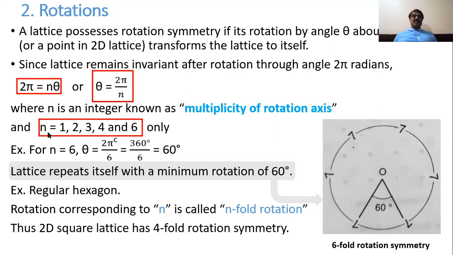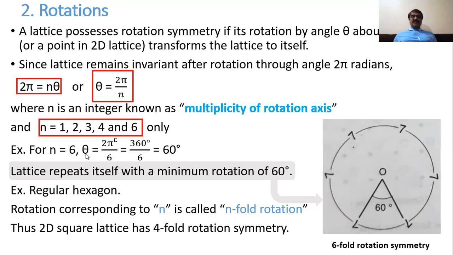These are the only values permissible for the multiplicity of rotation axis. Remember, values greater than 6 are not allowed, and the value 5 is not here. 5 is not allowed rotation.